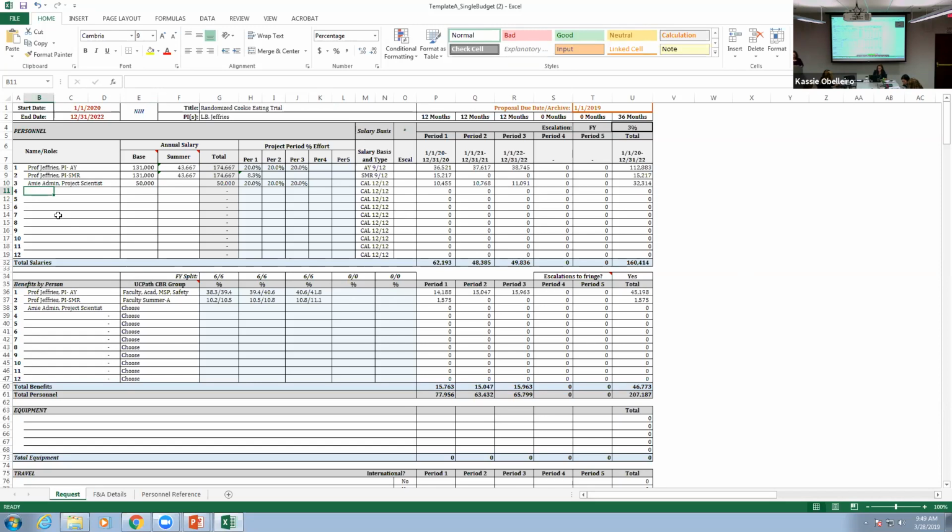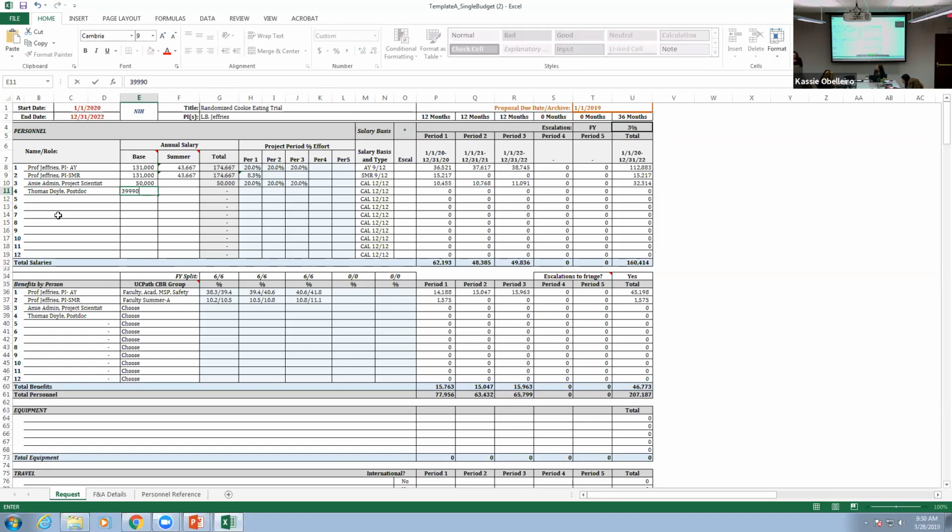So the next one is a little bit different as far as effort goes. So let's put our postdoc in. So we have our postdoc, and the annual salary is too low for our postdoc, but poor postdoc.